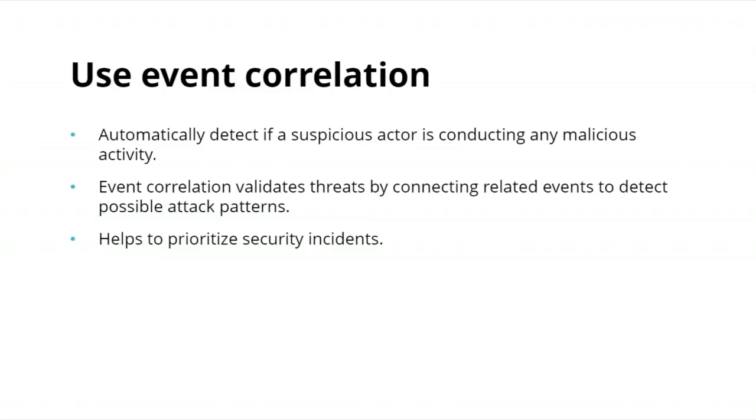It can detect possible attack patterns which are carried out by these known malicious actors. This even helps you prioritize security incidents. So you may be getting several threat feed alerts, but if you use event correlation, it helps you prioritize these security incidents and figure out which ones you need to pay attention to first.